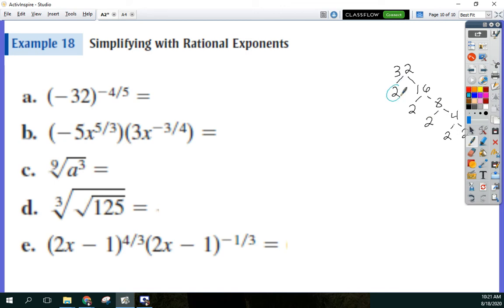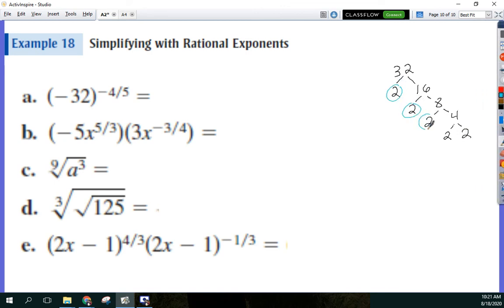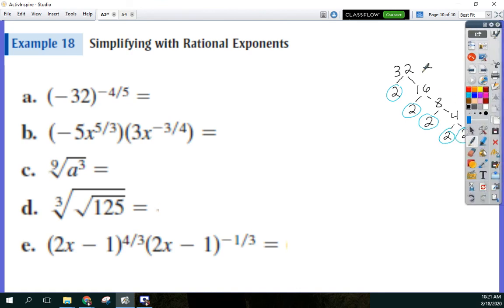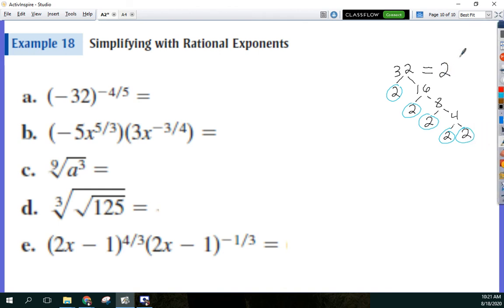Well, notice I have 1, 2, 3, 4, 5 2's, which is helpful because that means that I can rewrite 32 as 2 to the 5th. But notice that that's a positive 2 to the 5th because I have a positive 32 there. But we do need to include our negative.